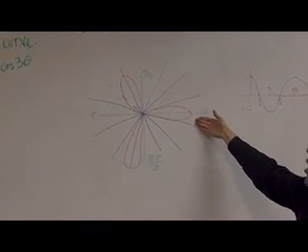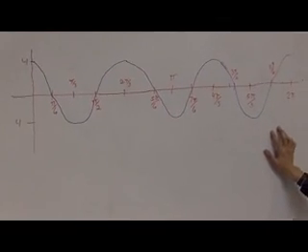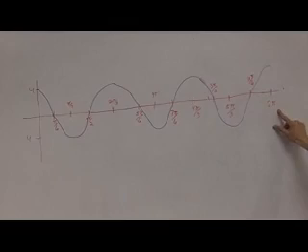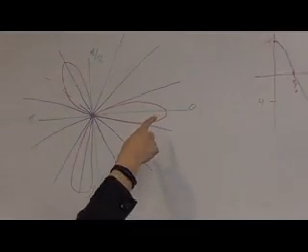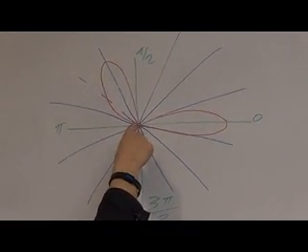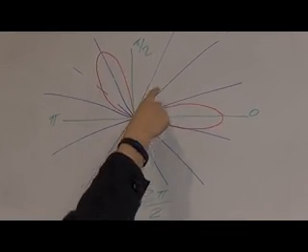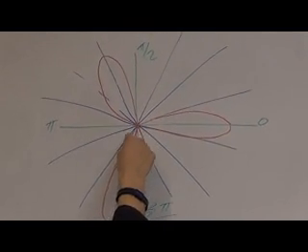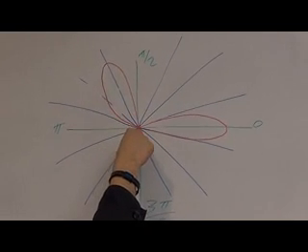But in order to get this graph, we had to come back to the original cos and we graphed it out. This is how it would look from 0 to 2 pi. So it would go from 0 to pi over 6, and then at pi over 3 it would be negative 4, because it's coming down this way, and it's going back to 0 at pi over 2.